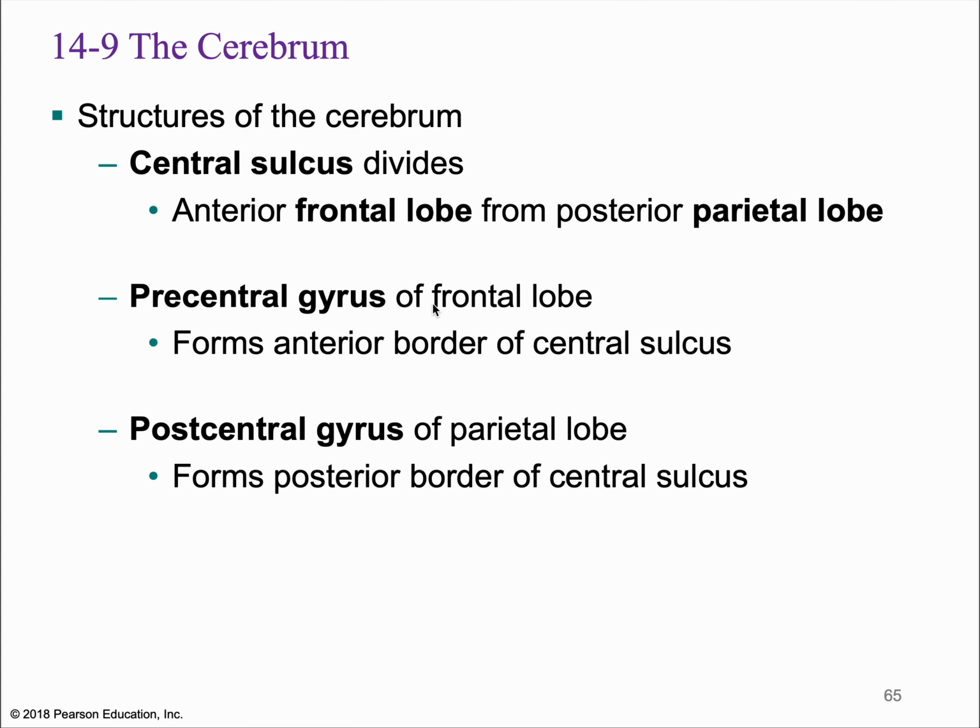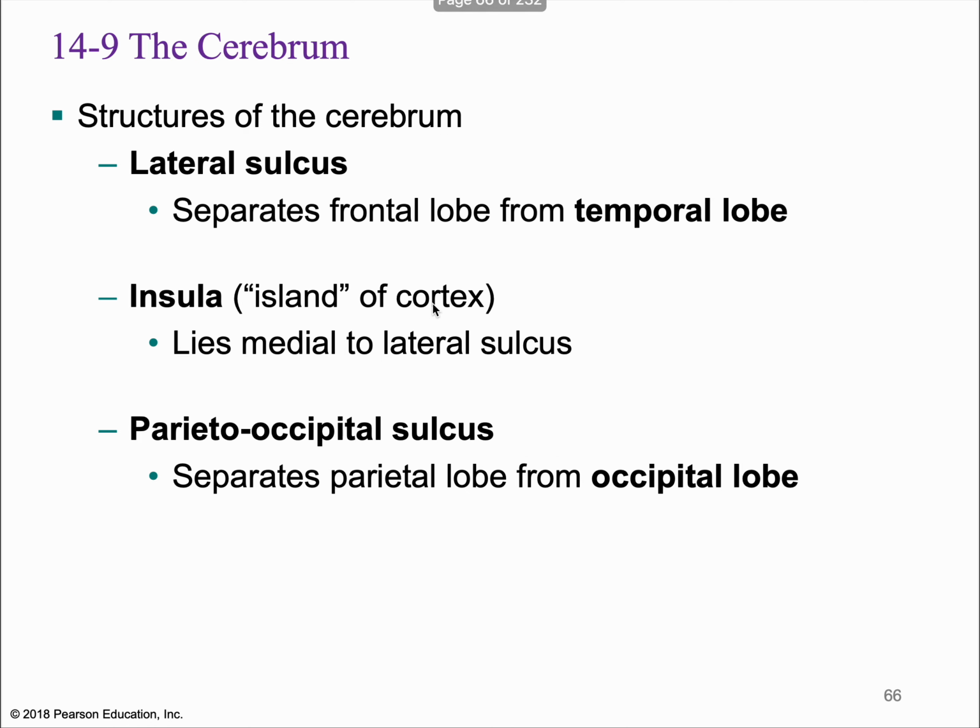We have the precentral gyrus on the frontal lobe, which does the motor functions, and the postcentral gyrus, which does the sensation, somatosensory functions. The lateral sulcus will divide the temporal lobe from the frontal and parietal lobes. If you pry open the lateral sulcus, you will see the insula. It lies medial to the lateral sulcus. And the parietal occipital sulcus will subdivide the parietal lobe from the occipital lobe.